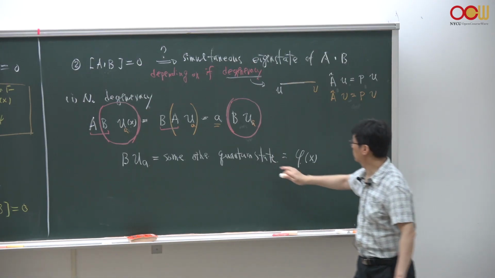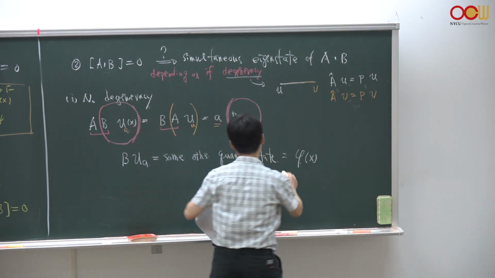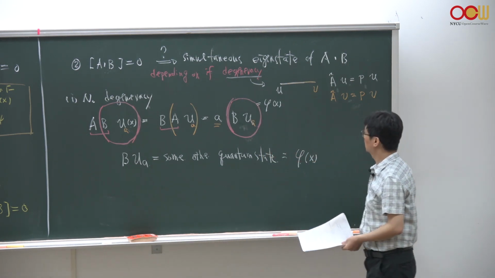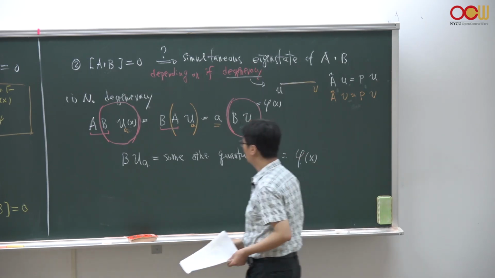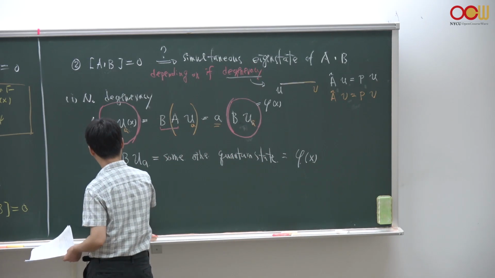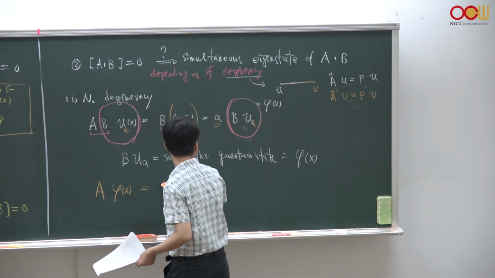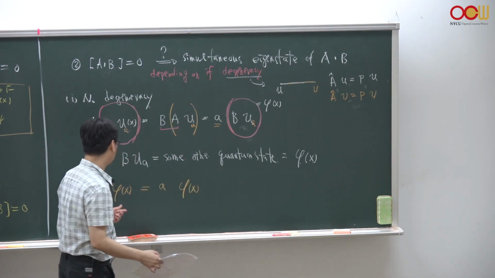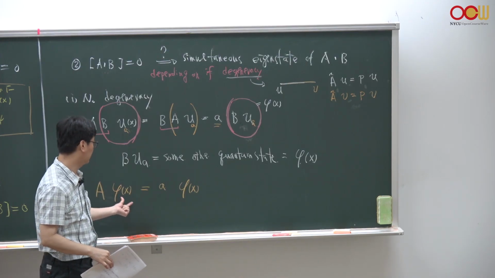But if you look at this red circle and some unknown wave function, say phi of x, I could simply rewrite this eigenvalue equation for phi of x: A acting on phi is going to be little a times phi, which says that this phi of x is also the eigenstate of A.